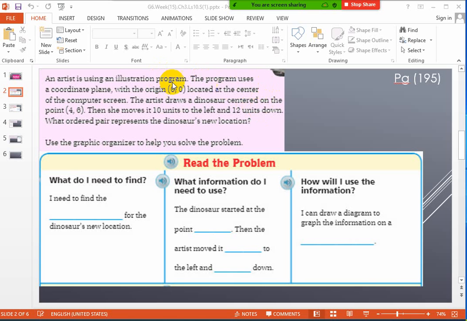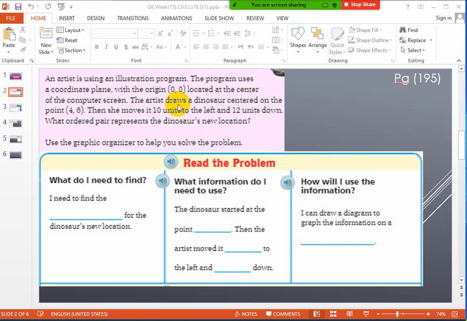The program uses a coordinate plan with the origin 0, 0. This is the origin point, located at the center of the computer screen. So this coordinate plan, the center of the screen, is on the origin point.